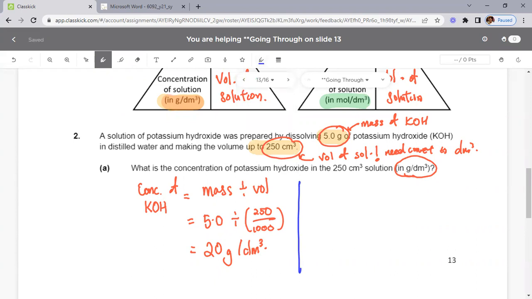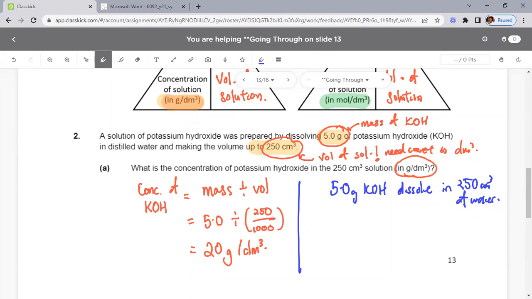You can see here what I did was I take 5.0 grams of KOH and dissolve in 250 cm3 of water. 5.0 gram of KOH dissolved in 250 cm3 of water. Then when we say gram per dm cube, the question would be, if I want to convert it to gram per dm cube, right?